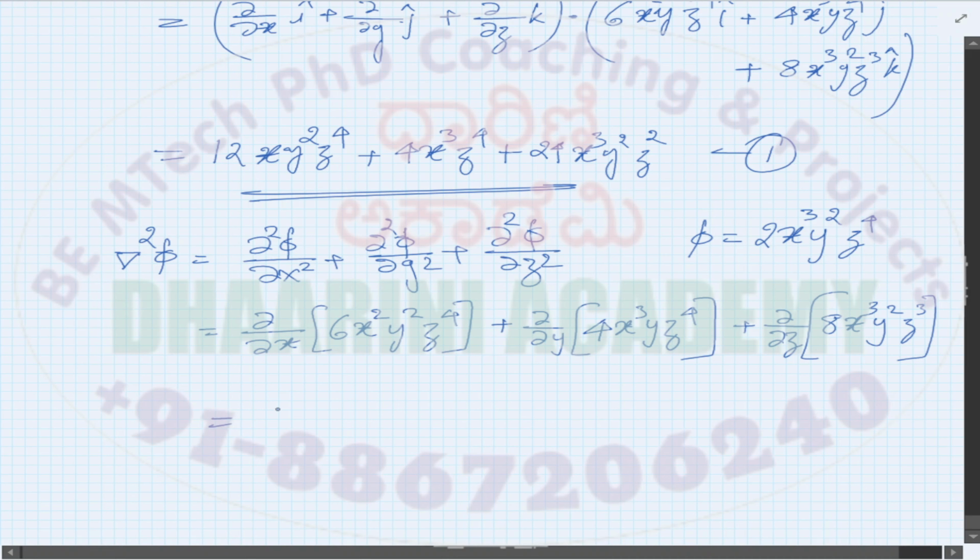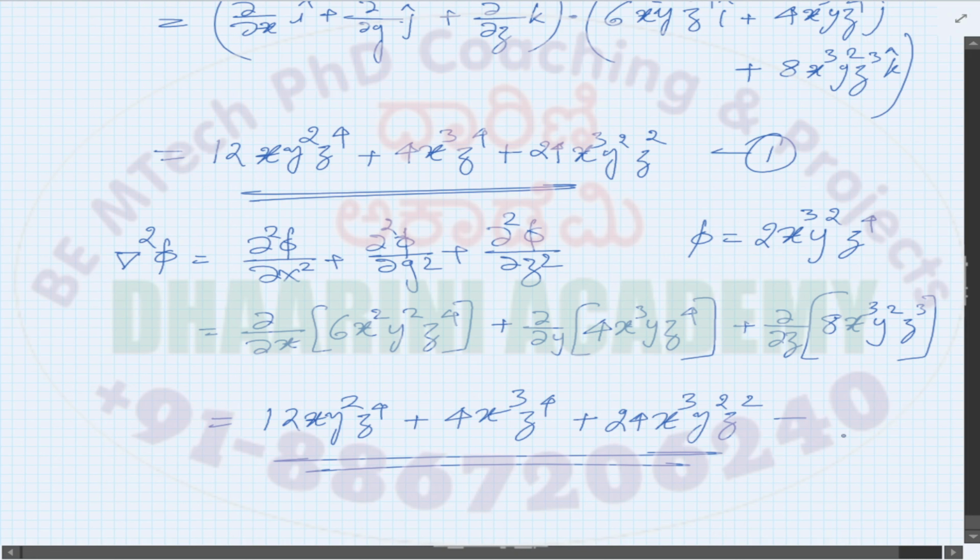So this is 6 into 2, so that is 12 x y square z to the 4. Second term plus differentiation with respect to y gives me 4 x cube into z to the power 4. And the last term becomes dou by dou z. So 3 into 8 is 24 into this is x cube y square z square. Right? I'll call this as equation number 2.